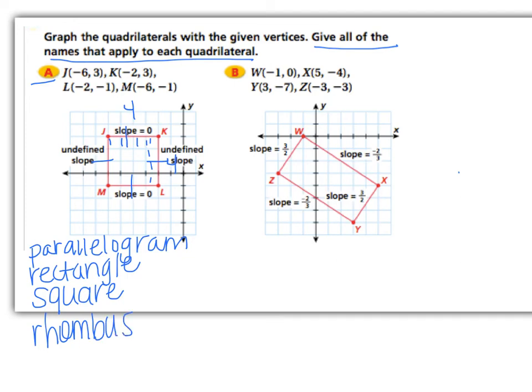Alright, let's try B. I notice that, again, my slopes are the same on both sides. Sides across from each other have the same slope, and that makes them parallel, so this is also a parallelogram.